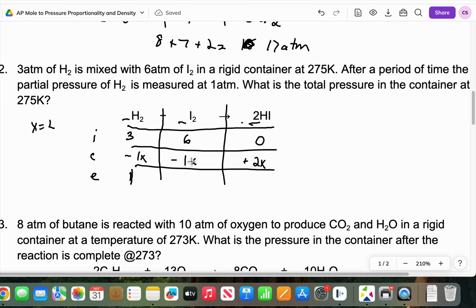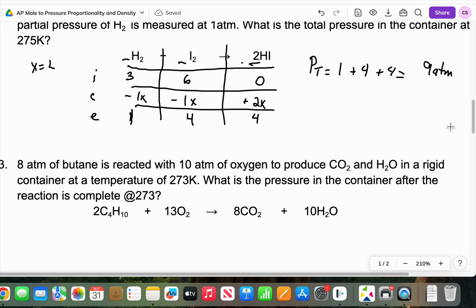So now we can just plug 2 in right here. 6 minus 1 times 2, that's going to equal 4. And 2 times 2 equals 4. So what's the total pressure in the container? The total pressure is going to equal 1 plus 4 plus 4. So that's going to equal 9 atmospheres.